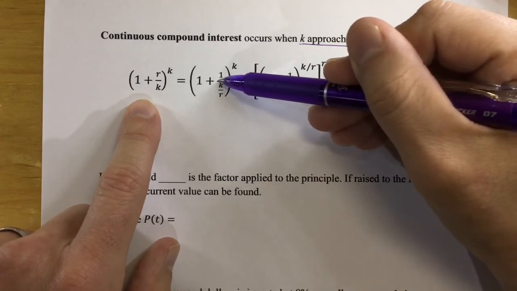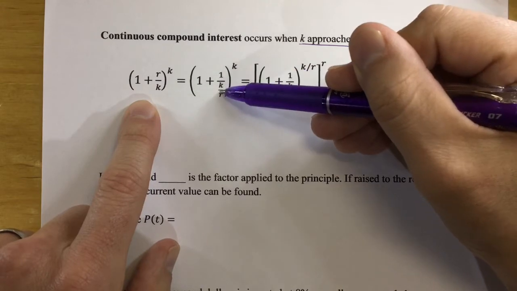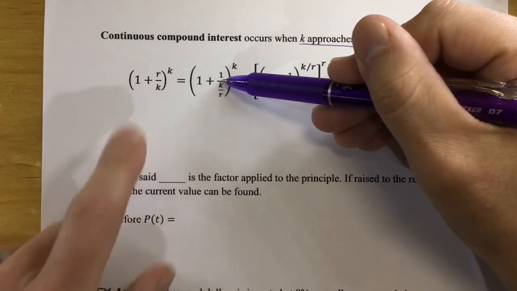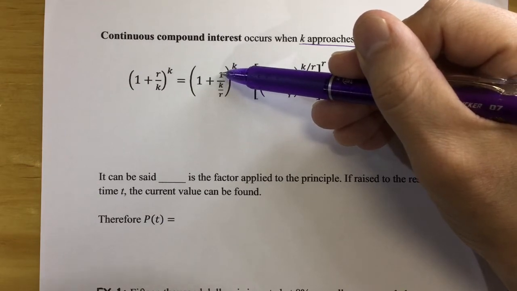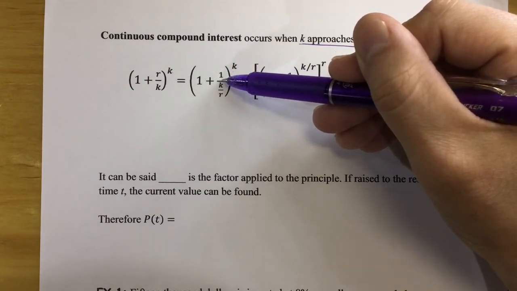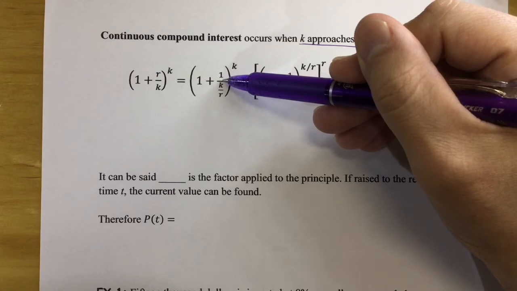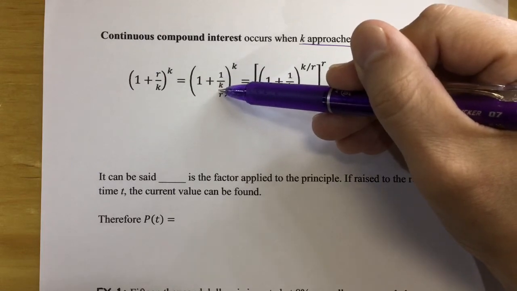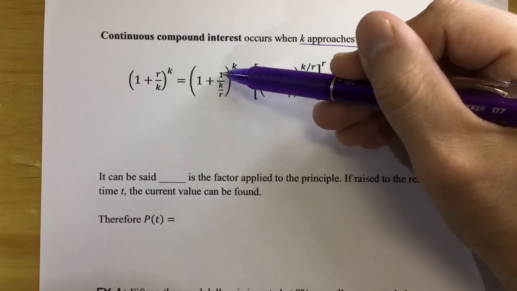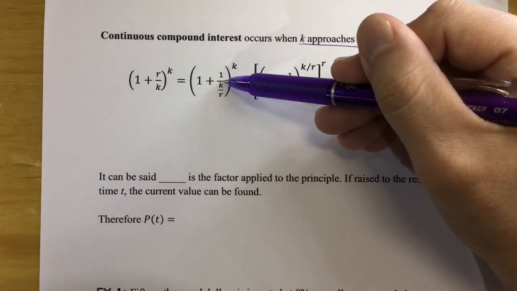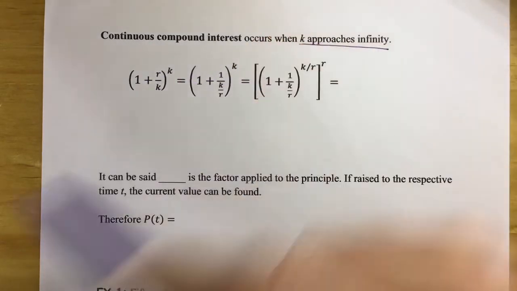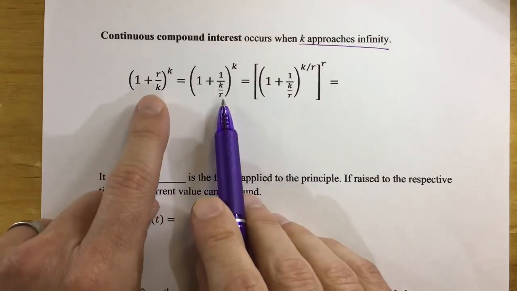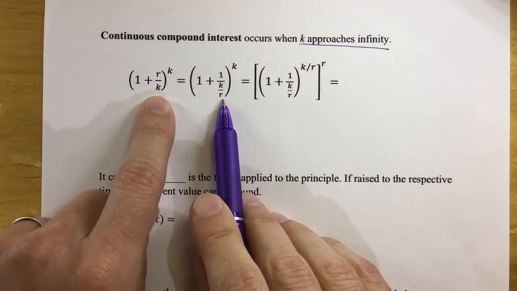To divide a whole number by a fraction, you can use a rule that's called keep, change, flip. That would be taking the 1 and not dividing it by the fraction, but multiplying it by the reciprocal of the denominator. So if I take 1 and multiply it by r over k, I get back the r over k. So I hope that justifies that these two things are, in fact, still the same.